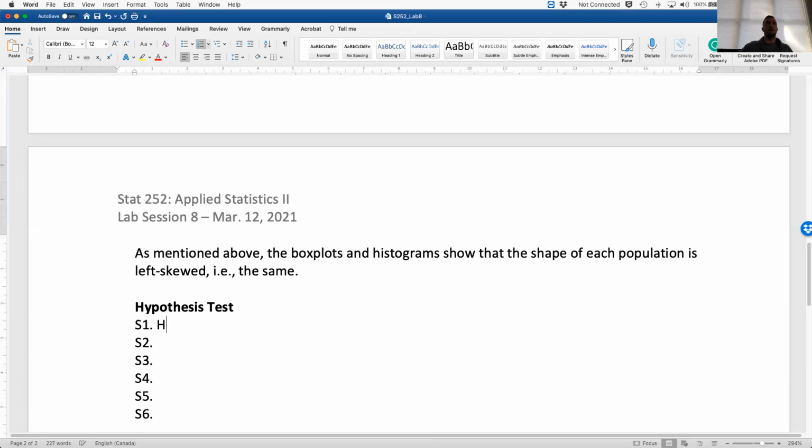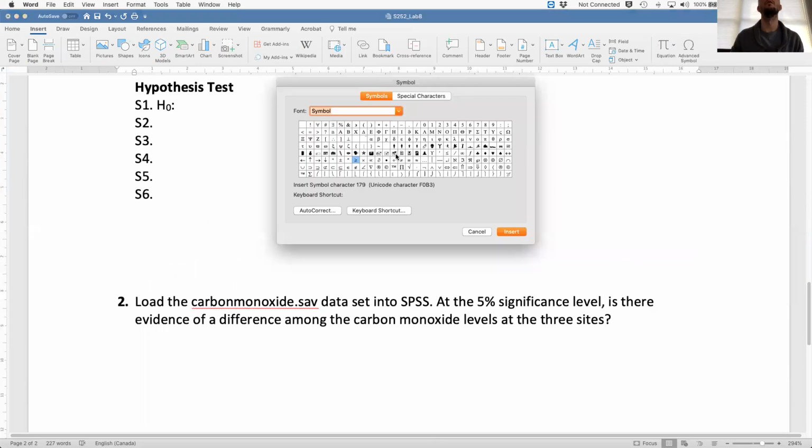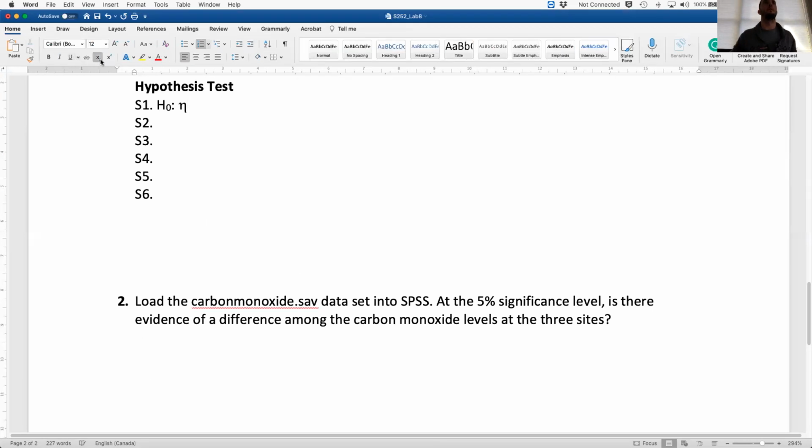On step 1, we're going to have H subscript 0: mu 1 equals mu 2, so insert symbol, mu 1 equals mu 2, versus H subscript A: mu 1 less than mu 2.